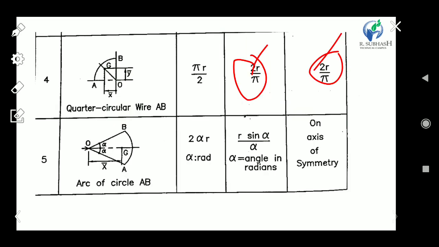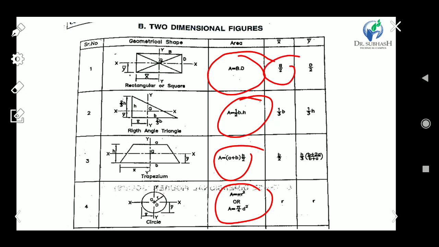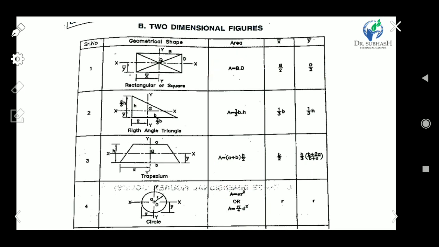So this is given in all the equations to find the area and the distance of CG from the reference axis, that is x bar and y bar. For two-dimensional lamina geometry, for a rectangle we find the area b into d, and x bar and y bar are b by 2 and d by 2.